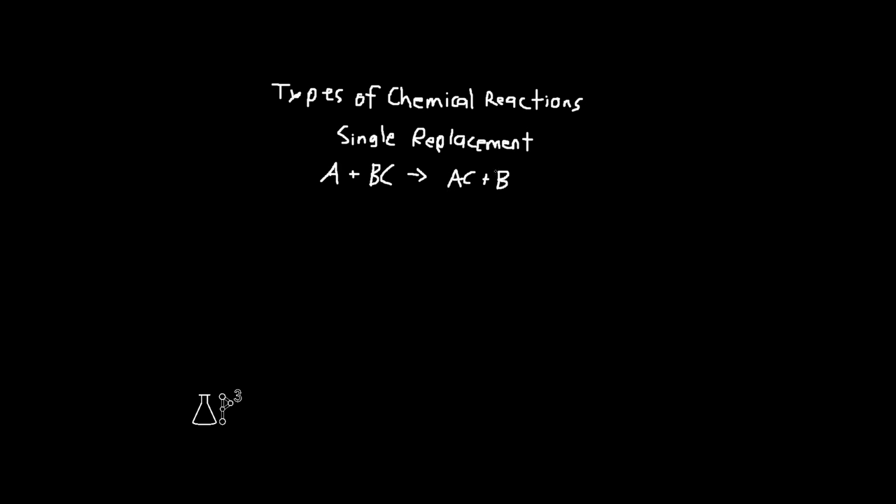So that's what would count as a single replacement reaction. A specific example would be zinc and hydrogen chloride. They would react to form zinc chloride and hydrogen gas. So that would count as a single replacement reaction because the zinc is pretty much replacing the hydrogen in this compound. So that's what we want to look out for with single replacement reactions.